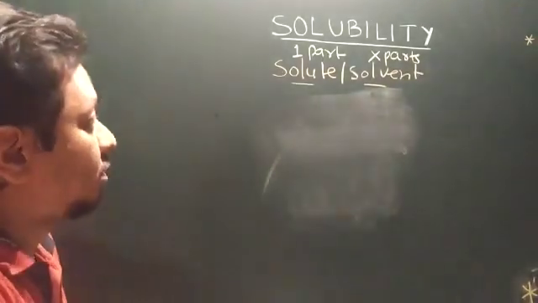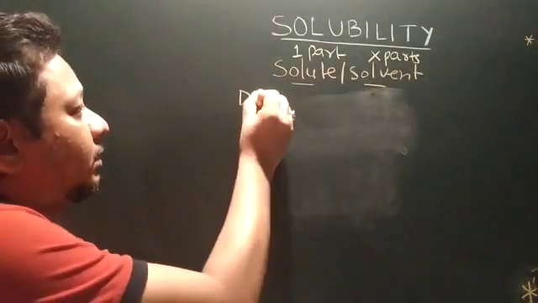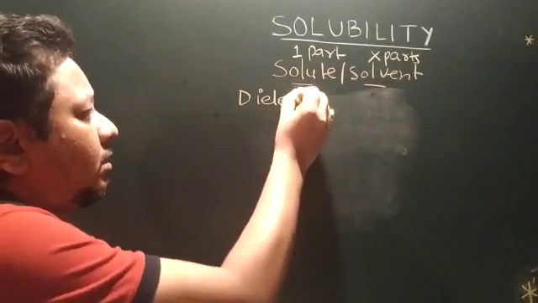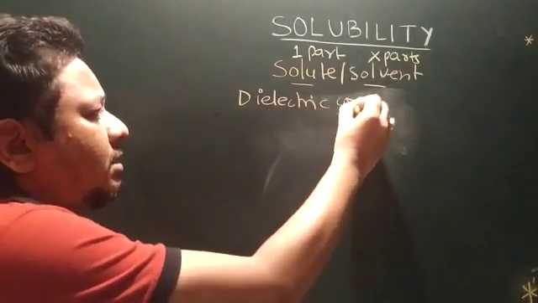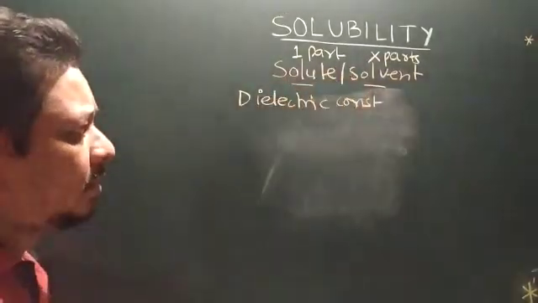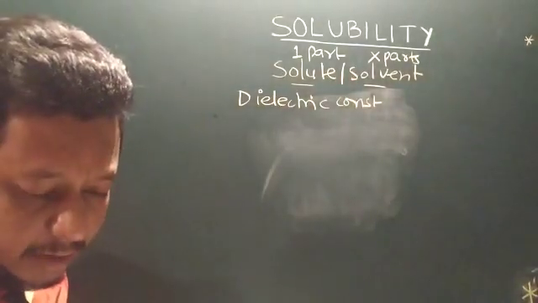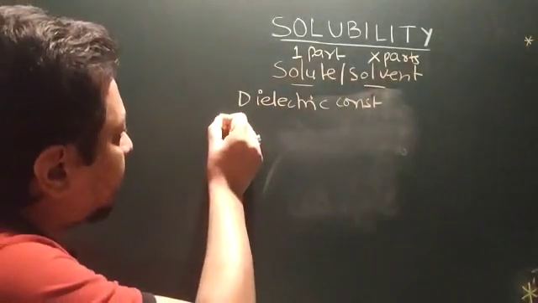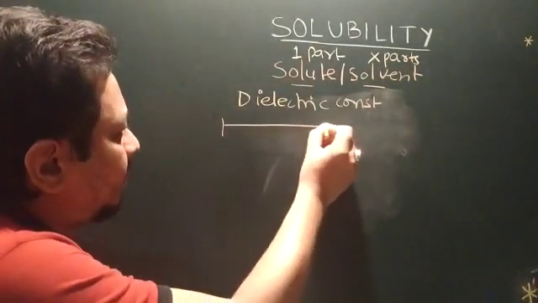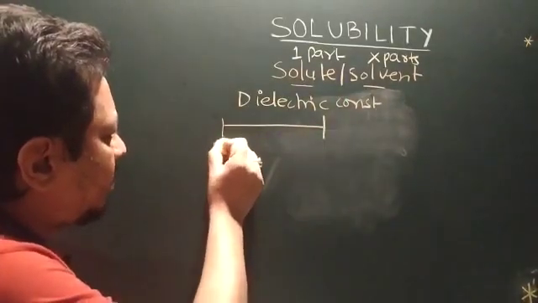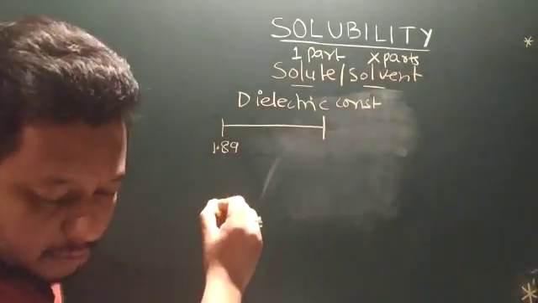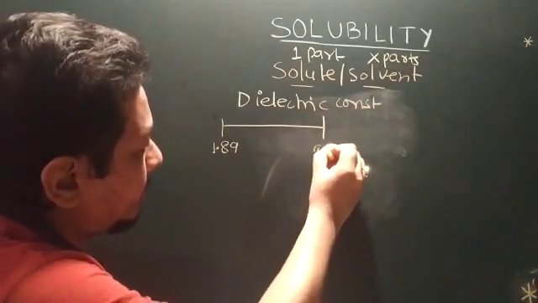Oh, there's no white chalk today. Dielectric constant of solvent. Now, I will bifurcate the dielectric constant into various regions, starting from 1.89 to 9.1.